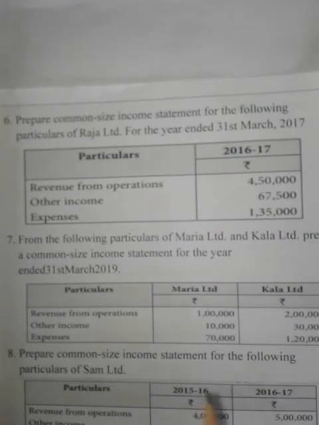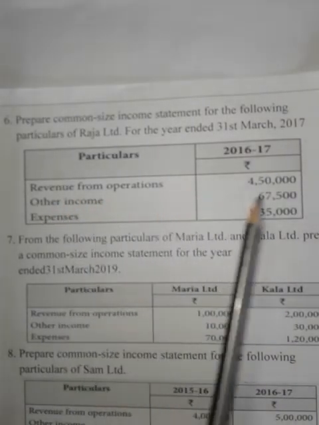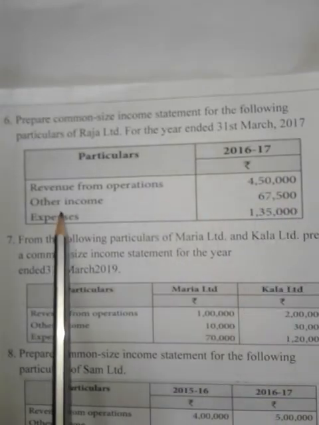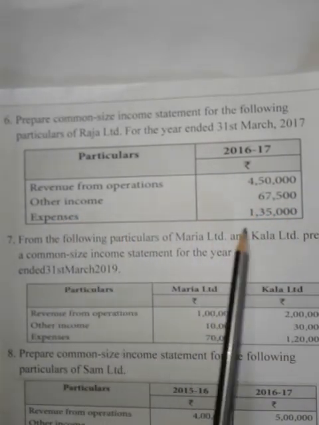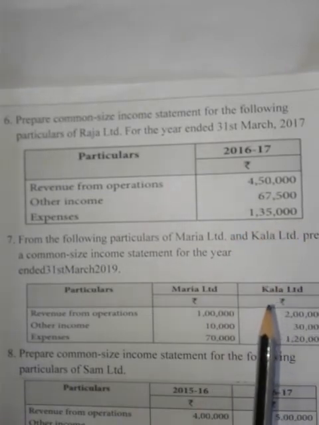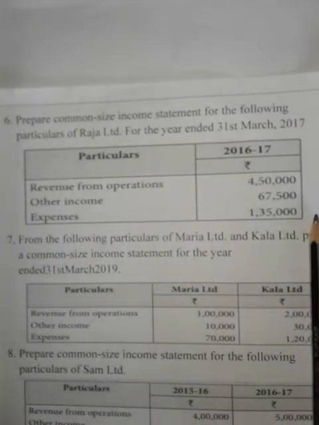The particulars are given for 2016, 2017. Revenue from operation 4,50,000. Other income 67,500. Expenses 1,35,000. Now we are going to prepare the common size income statement. We have to take down this question first, then only we can do the sum.